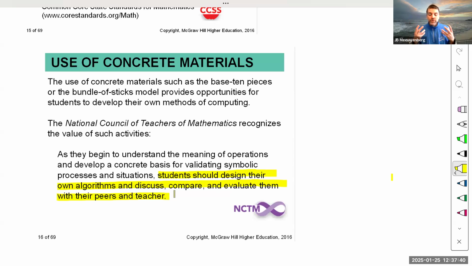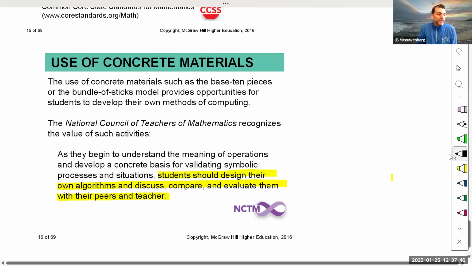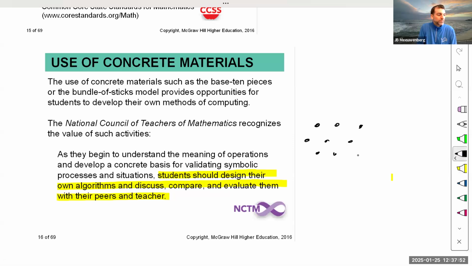When you first start doing this, often it's represented in dots, right? You might put up an arrangement of dots, something like this. And you might ask students to quickly add how many dots there are, and then tell you how they did it.